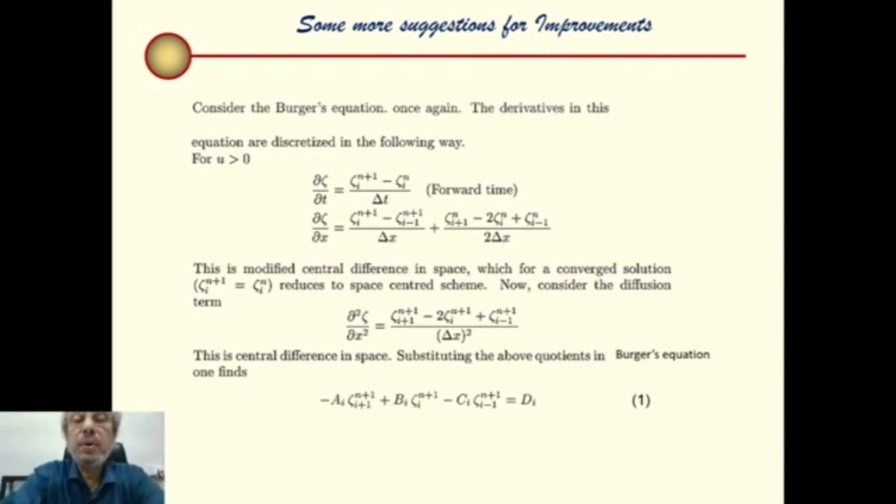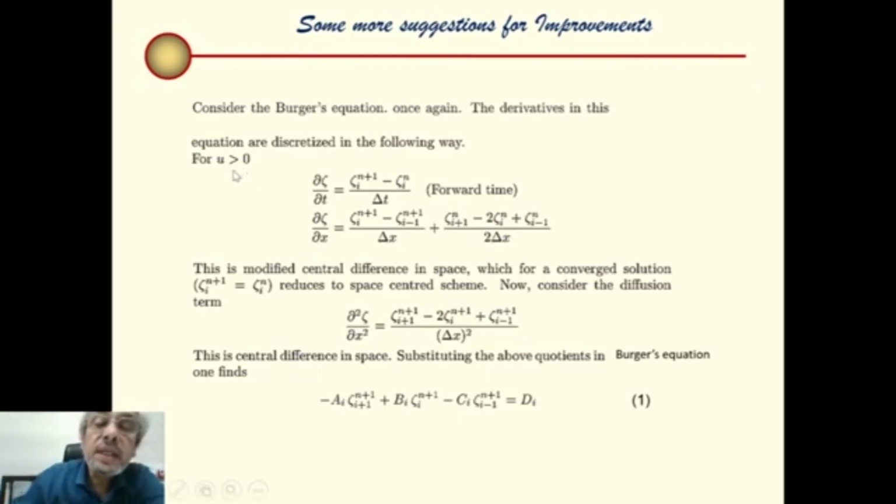Now we will go for yet another very, very important discretization strategy. It is just like second upwinding. It is also very, very popular, and this is also built in with several commercial codes.